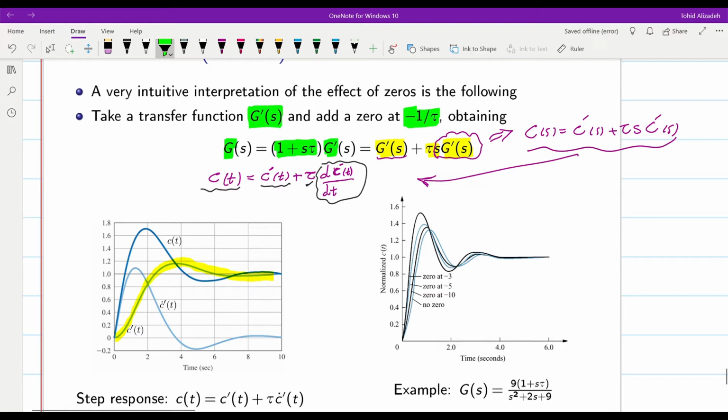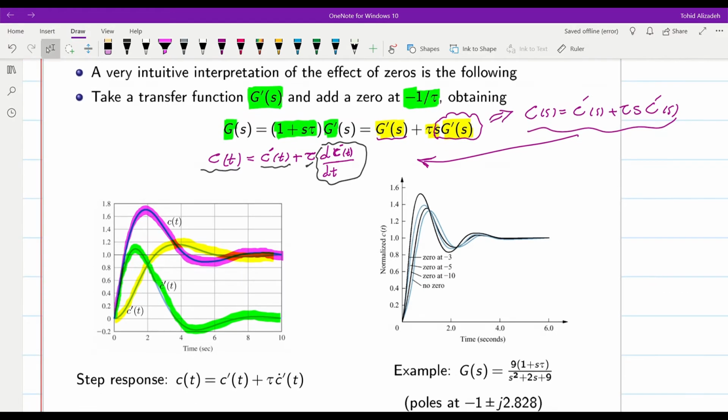The one that I'm highlighting in green is the time derivative of that step response. And then if we add these to each other, we will get the step response for the new system, which is the old system with an additional 0. And you can see it all drawn over here.